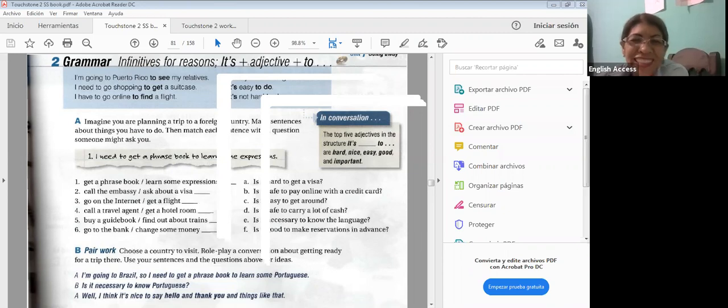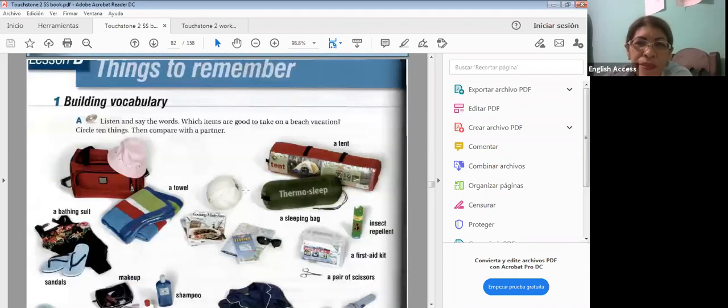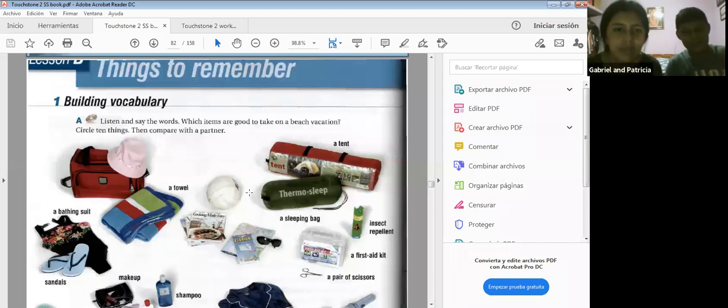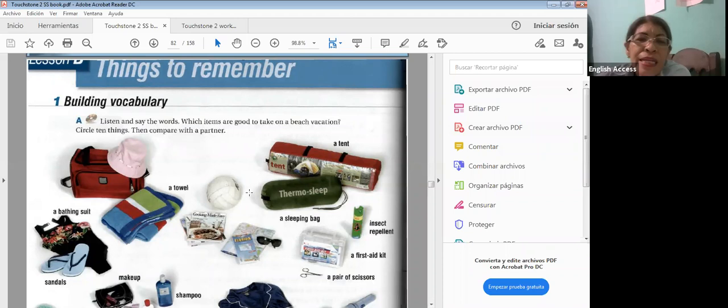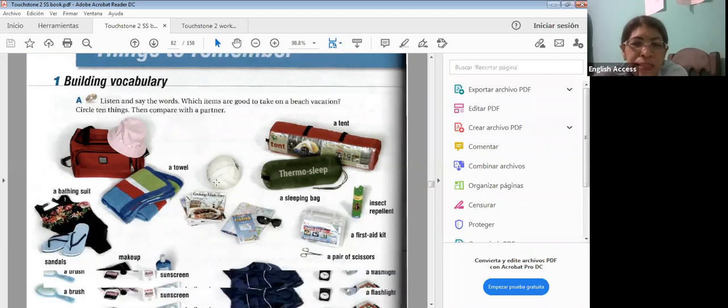Okay, correct. Yes, perfect. Okay, so this was lesson A. Well, now let's go to lesson B. Okay, lesson B is called Remember. Well, as you can see here, the main focus is vocabulary.